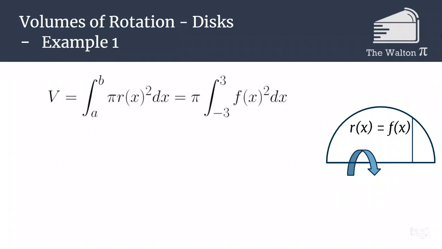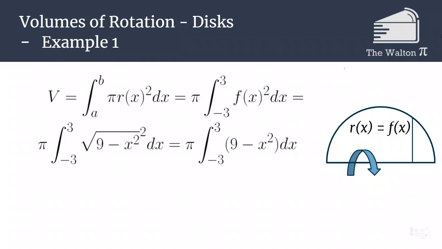And so that's why we are going to be able to write this as pi times the integral from -3 to 3 of f of x squared dx. Since f of x was the square root of 9 minus x squared, we replace f of x with the square root of 9 minus x squared. So this then becomes the integral from -3 to 3 of pi times 9 minus x squared dx.